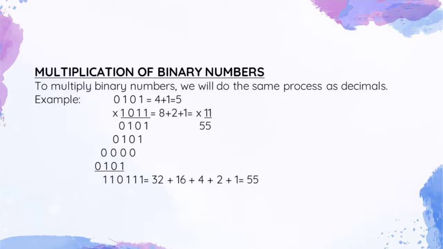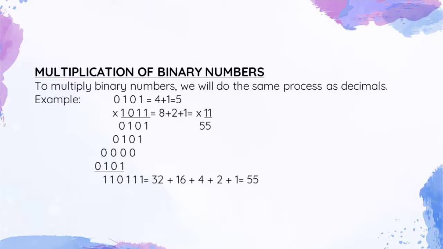We have to carry the 1 to the next column. So 1 plus 0 plus 0 plus 0 is equal to 1. Next, 0 plus 1 is 1. Then we bring down the 0. So the answer here is 110111.